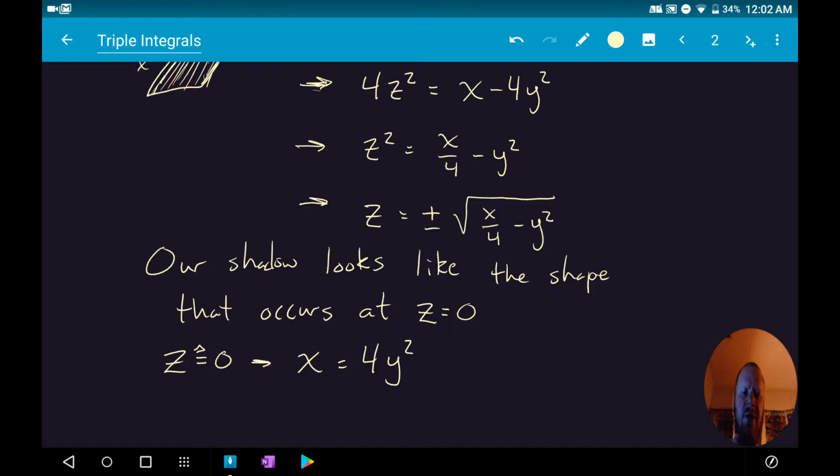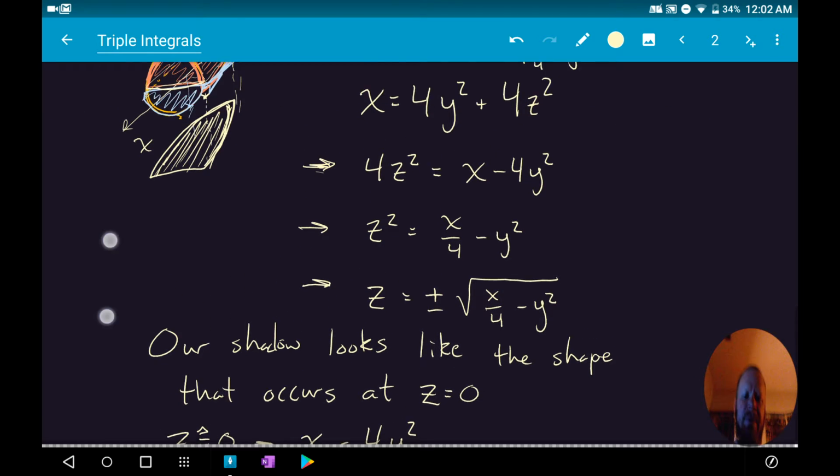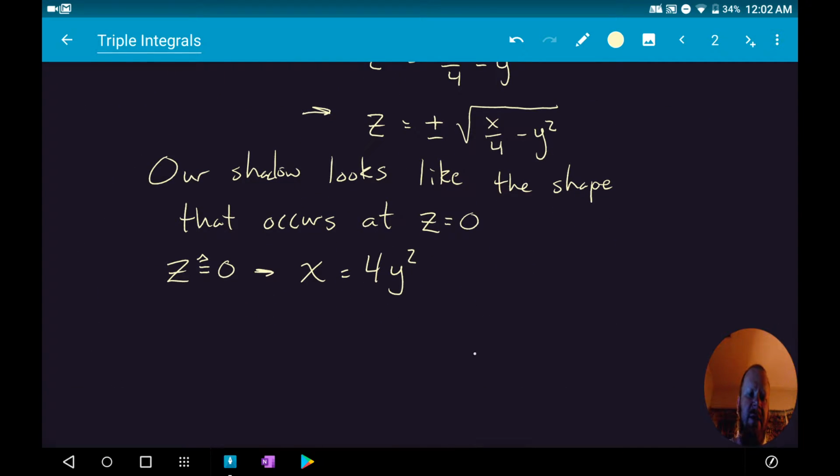And we of course know that we're going to get this kind of shape from it, a parabola, in this direction. And I'm stopping here because we also know that here's the plane x equals 4.